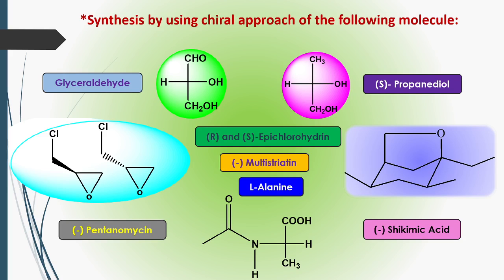And generally, the amino acid is present in the L configuration, while the carbohydrate naturally occurs in the D configuration. It is related to the OH group present in that carbohydrate. Therefore, we use the carbohydrate, amino acid, terpenes, and the hydroxy acid for the synthesis of these natural products.